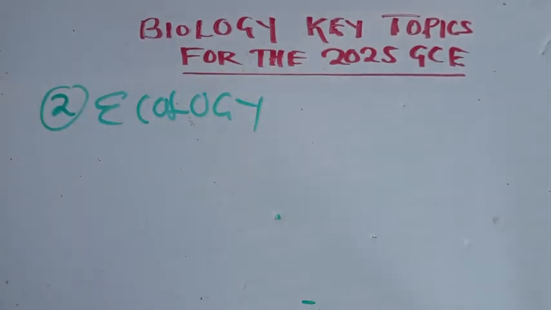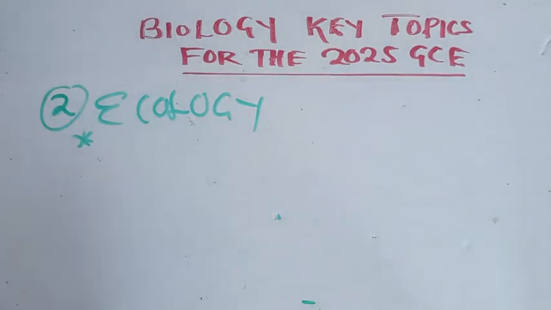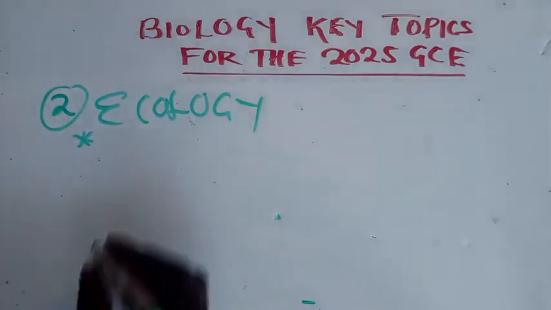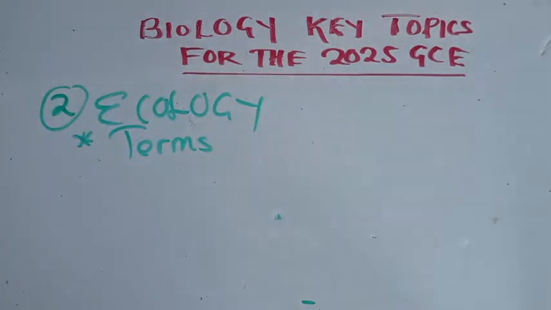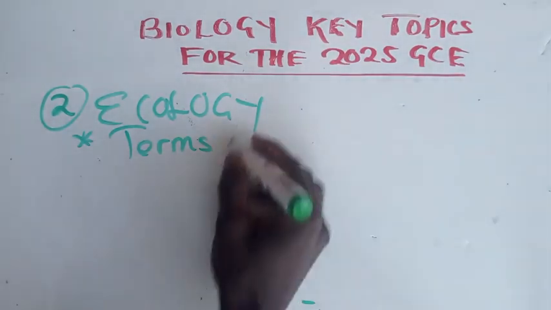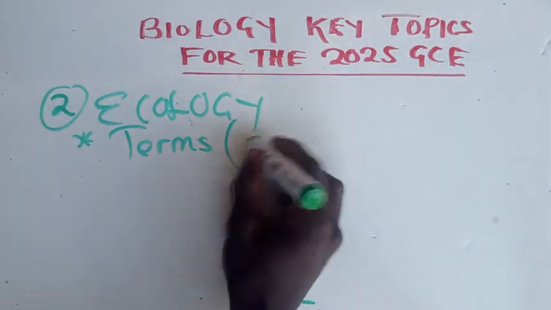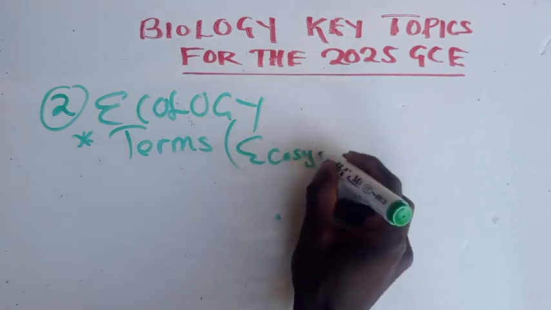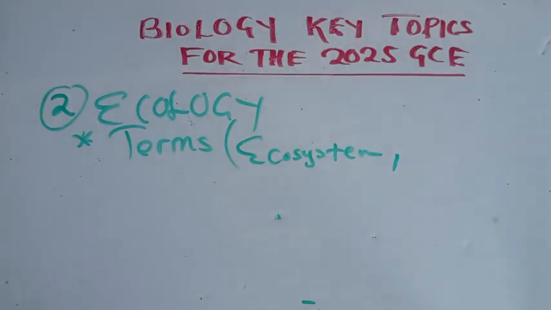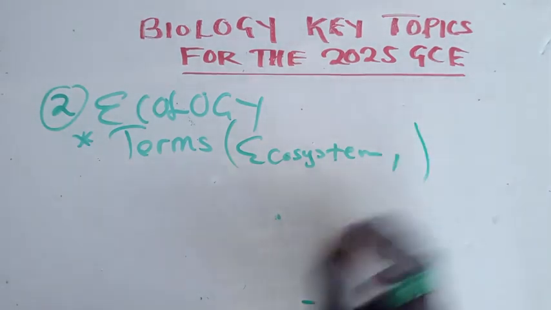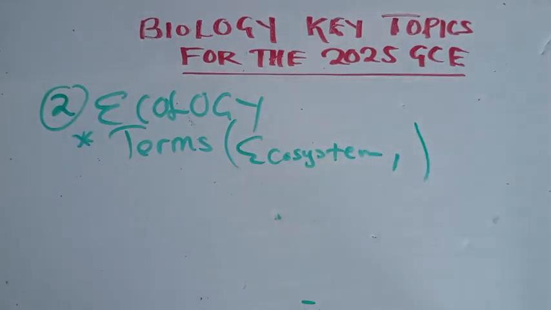And under ecology, I want you to look at some terms of ecology. What am I talking about? There are some terms like ecosystem, terms like inhabitants, terms like population, community. I want you to revise those terms because if you check in most biology question papers in section B, these are the essays you're going to find there.